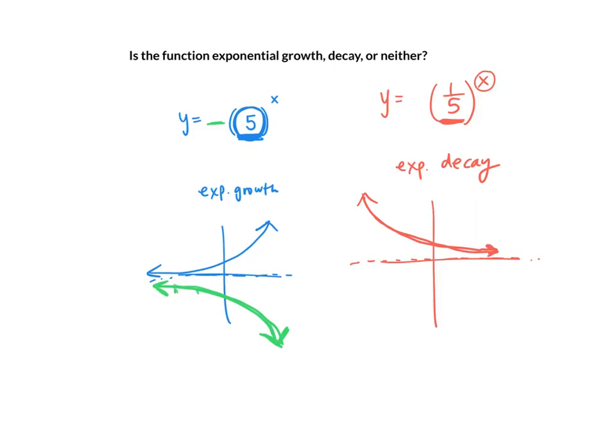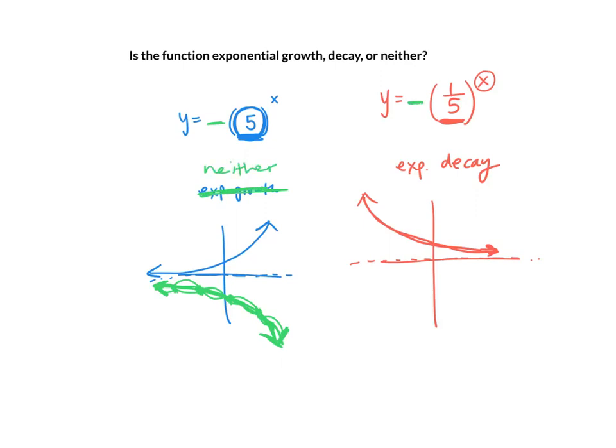Notice that I'm not multiplying by the same number each time. I'm not growing by a factor of 5 as I go to the right, or decreasing by a factor of 1/5 as I go to the right. So that would be a case where it's neither, if you have a negative out in front.